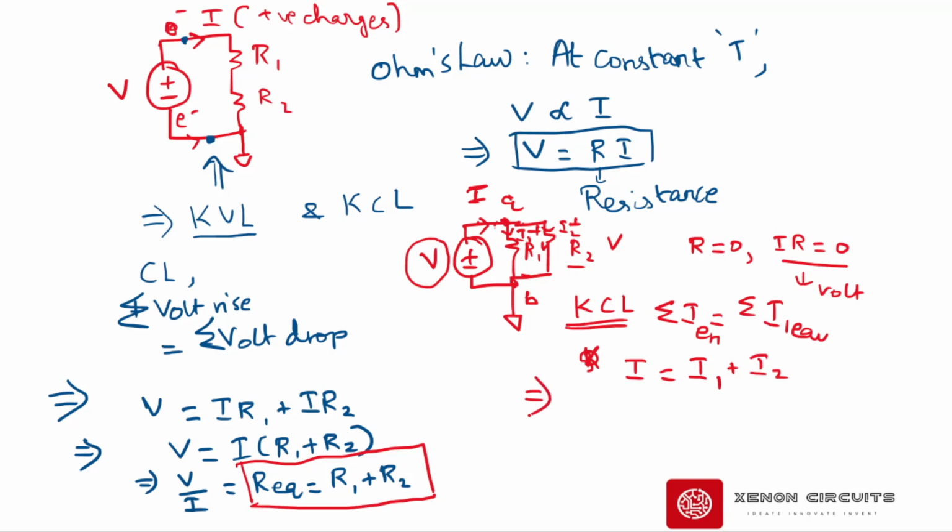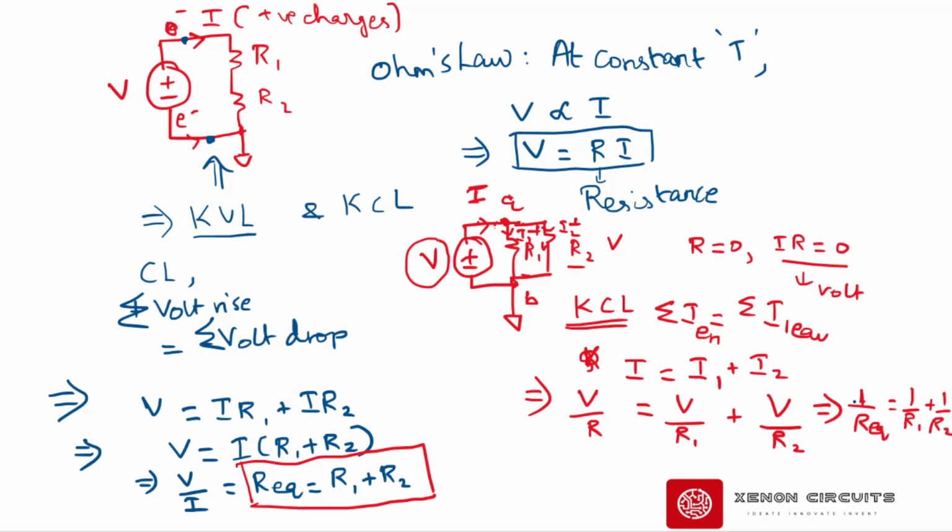And by Ohm's law, we know that I equals V by R, and I1 is nothing but the current through resistor R1, and the voltage across resistor R1 is V, and the voltage across resistor R2 is V. So V is common, and this becomes 1 by R equivalent equals 1 by R1 plus 1 by R2, right?